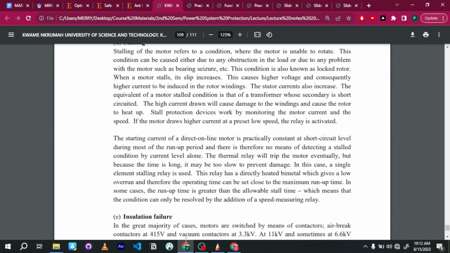The thermal relay is your overload relay.